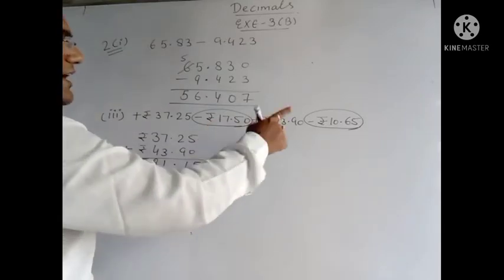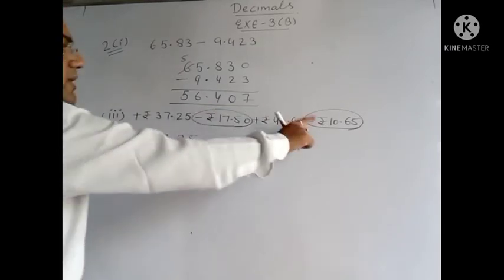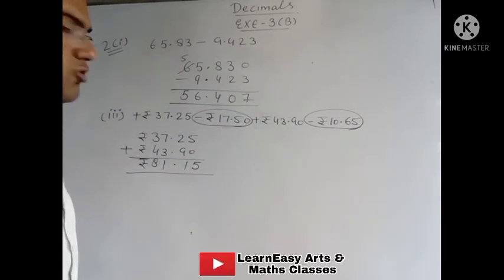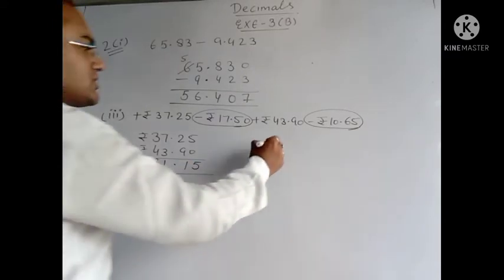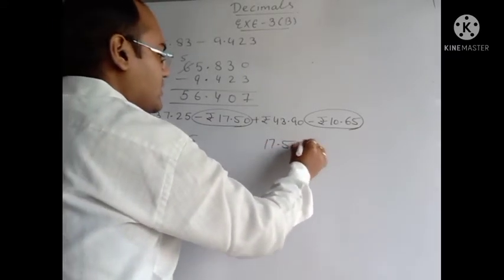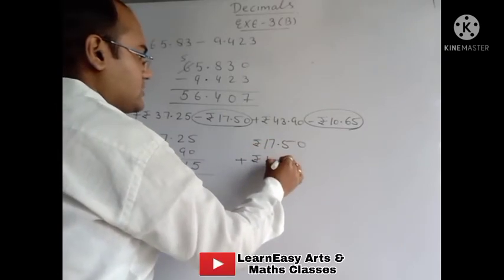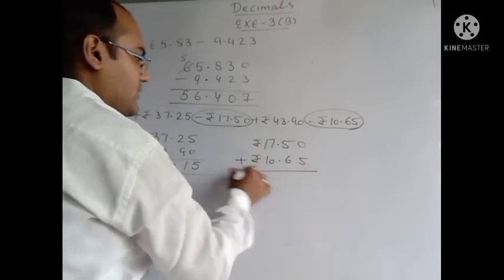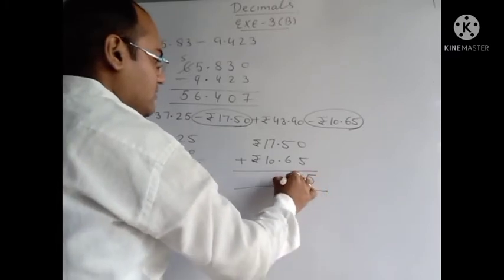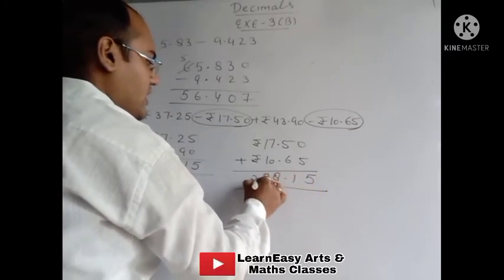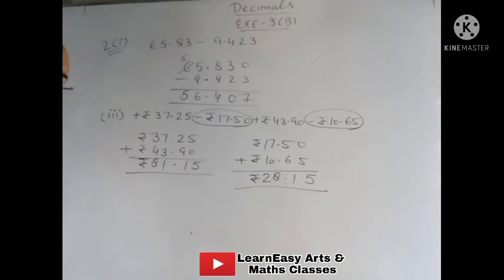Now we will take these negative numbers also. Minus and minus, minus is plus, so we have to add these numbers also. 17.50 rupees plus 10.65 rupees. On adding it we will get 28.15 rupees.